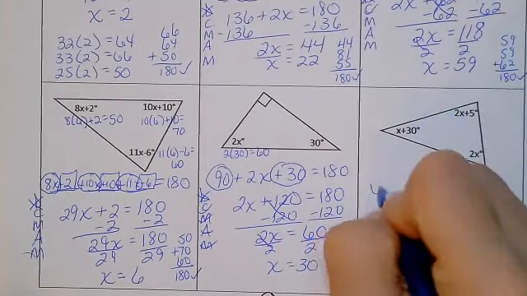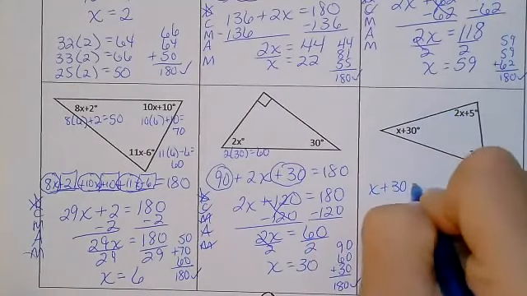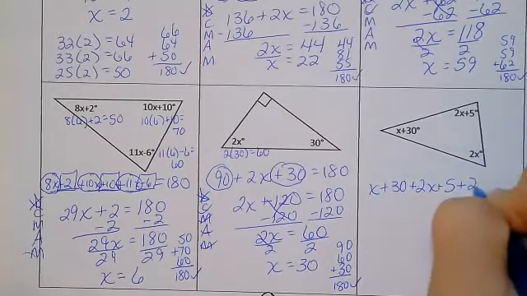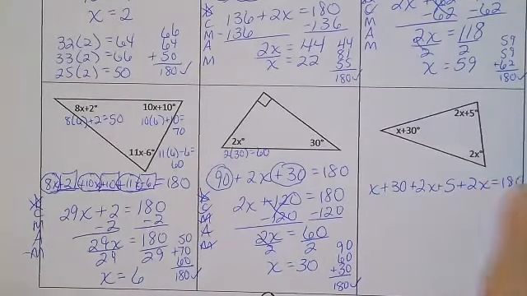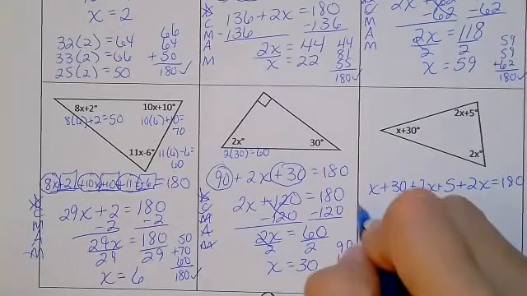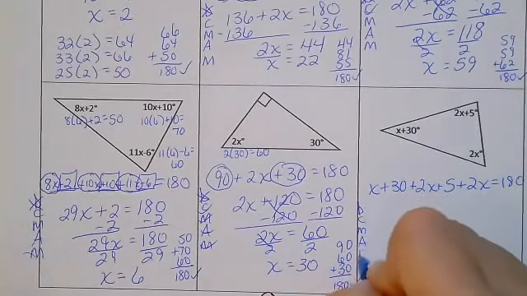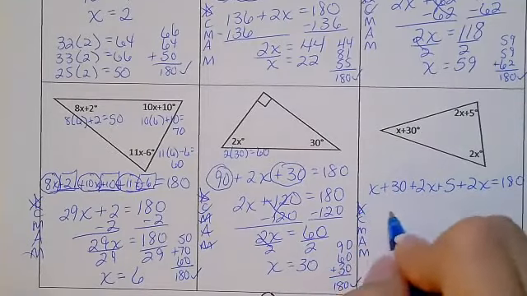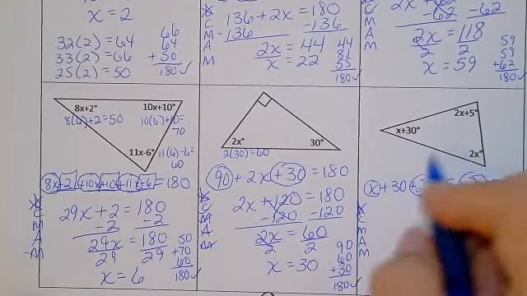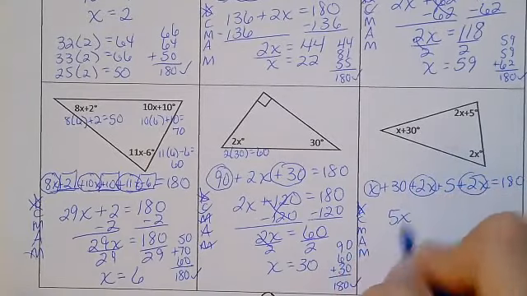Okay, x plus 30 plus 2x plus 5 plus 2x equals 180. Don't need to distribute. Combine these x's and I get 5x.